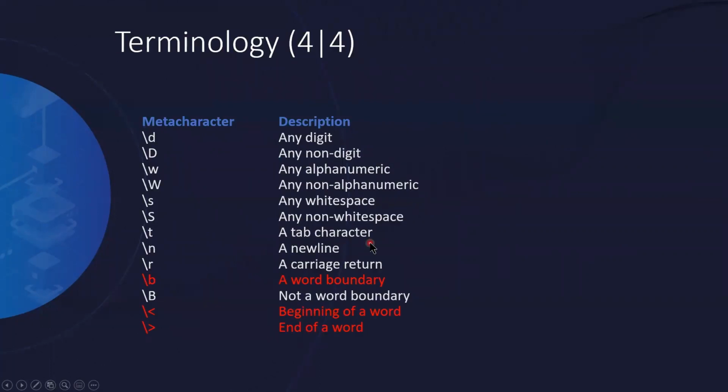Right, final page on terminology. Backslash lowercase d means any digit. Backslash uppercase D means any non-digit. You can read that for yourself. This \n is quite handy, a new line, if you're actually looking for something at the end of a line.